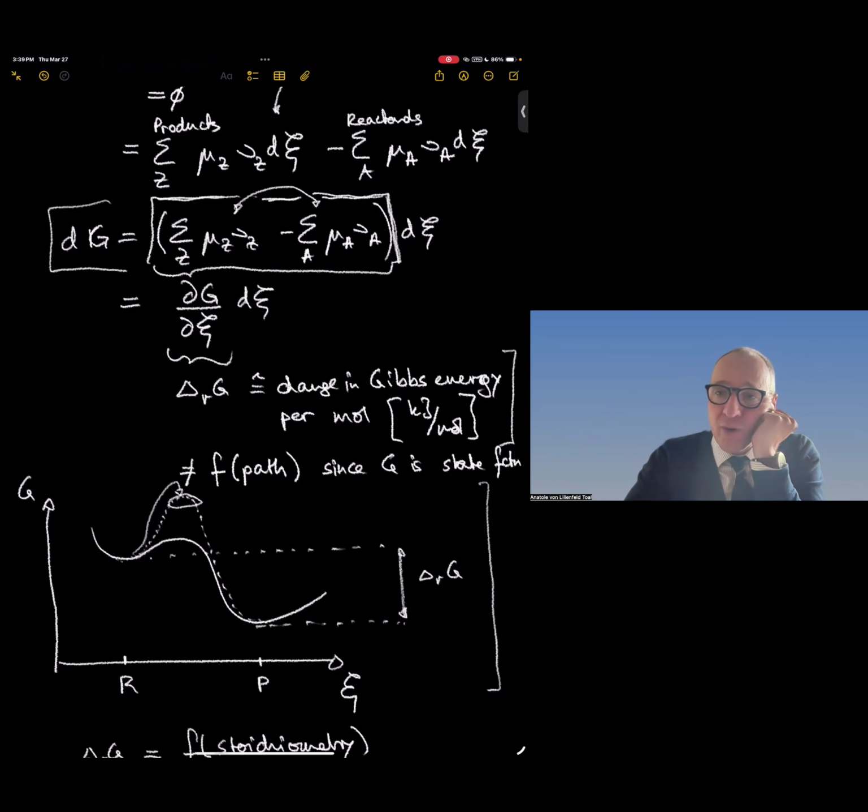You will have more products than reactants, and you will hence see that the equilibrium constant must be larger than one. And vice versa. If it's positive, then your numerator will increase for the equilibrium constant. Does it make sense?